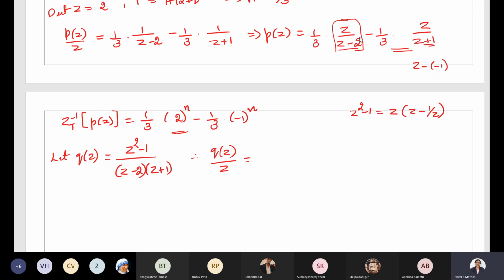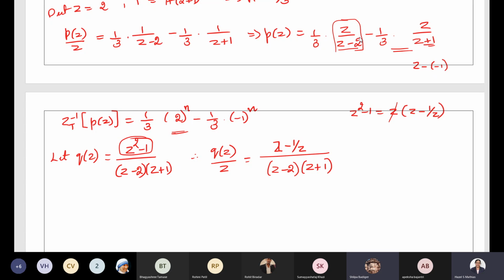And when you divide by z, this z gets cancelled. Divided by z minus 2 into z plus 1. Am I correct? Anybody any doubt in this step?